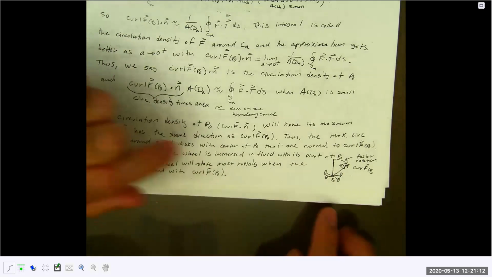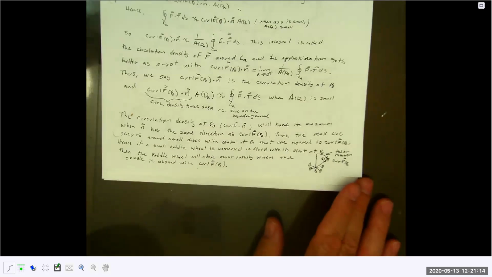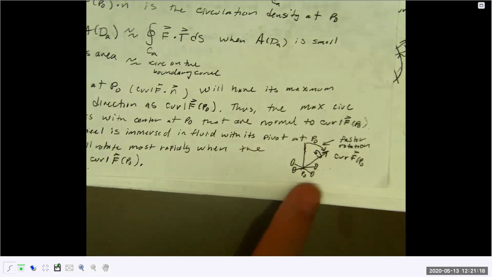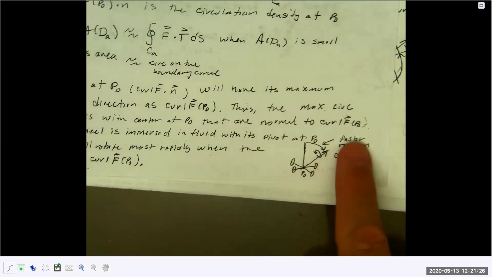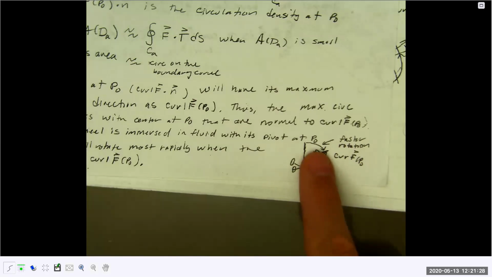So let's say we had this small paddle wheel here. You see you have this small paddle wheel and its spindle is pointing up, but the curl vector is over here. So you see this direction.